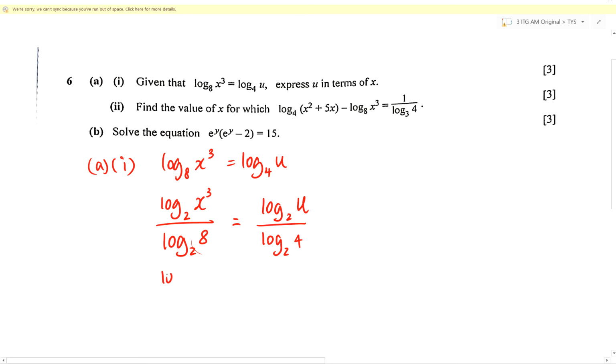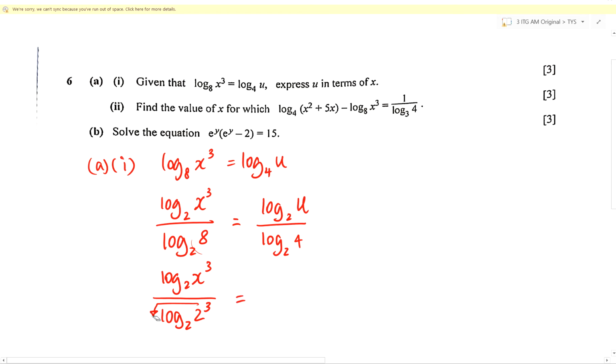So doing so will result in log base 2 2 power 3. And you should be happy to see this, because log base 2 2 is 1. Now this 3 over here, we can bring it down, and it becomes 3 times log base 2 2, which is 3 times 1, which is just 3.